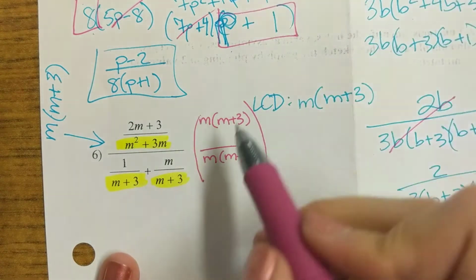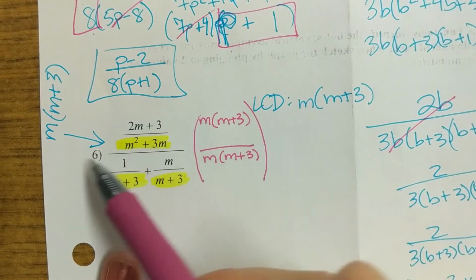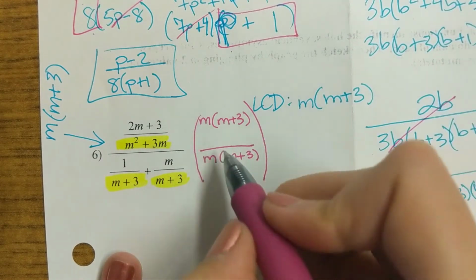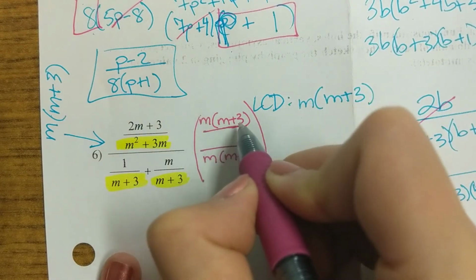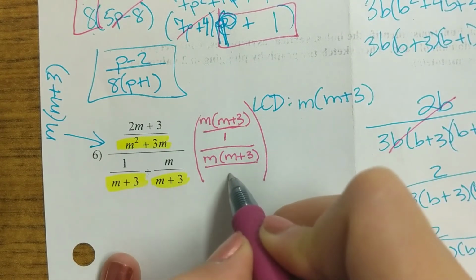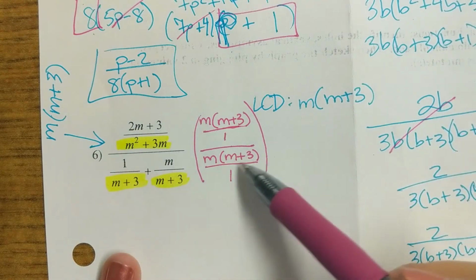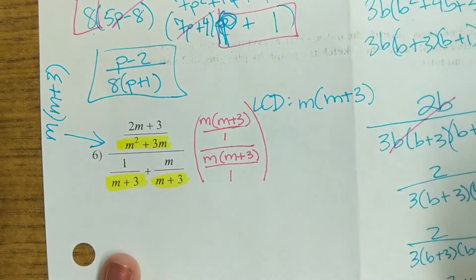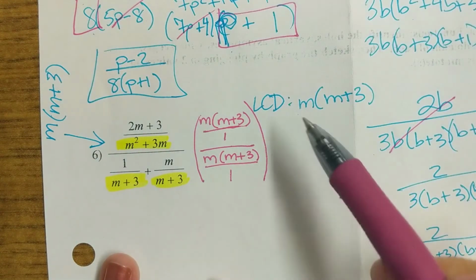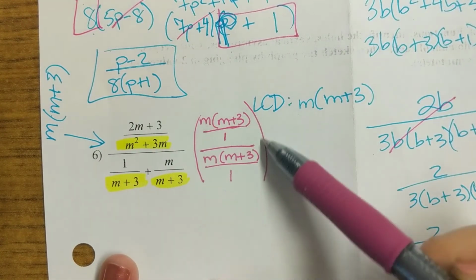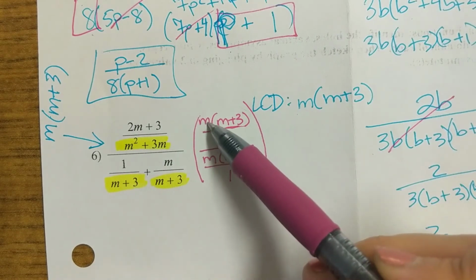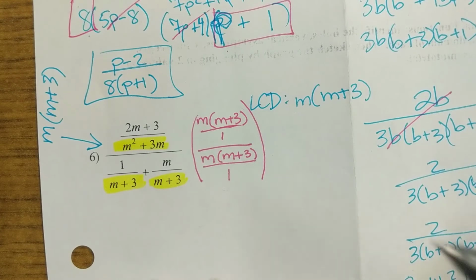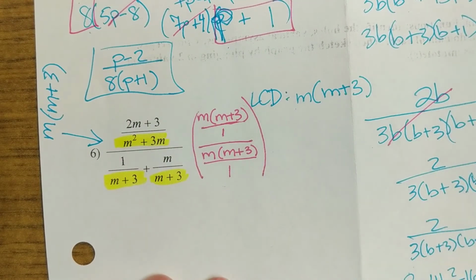But if it helps you to visualize it as levels of fractions, like the big one and then you have the upper 2 and then the lower ones, then you could put this over 1 over 1. And that kind of levels it out. I like to see all the fraction bars in line, and that makes a little more sense to me. So is this still 1? Yes, it is. Anything over 1, that's fine. So that's what we're going to multiply first.